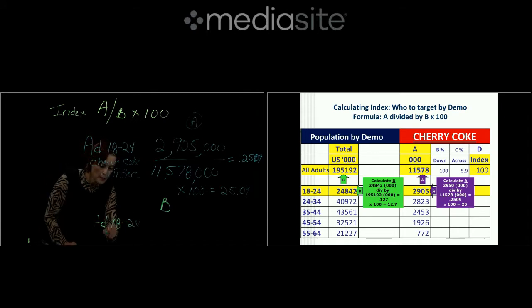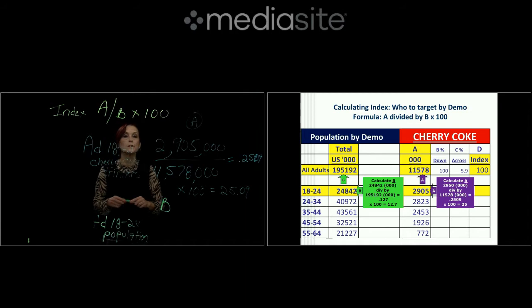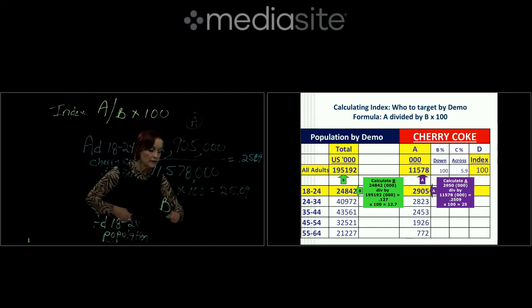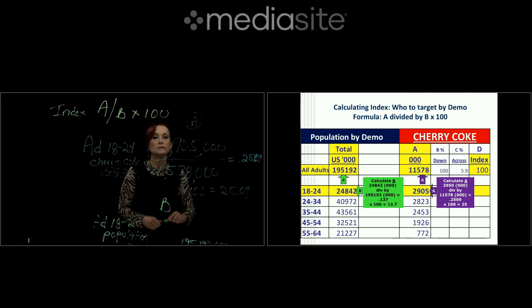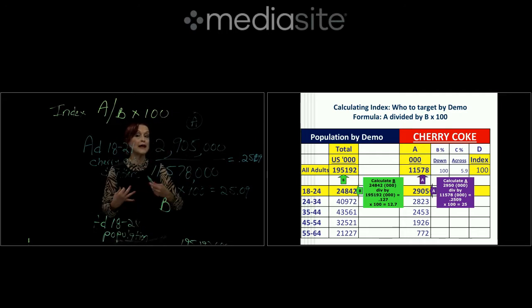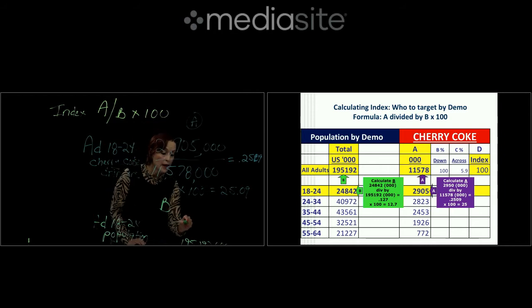And these are population numbers. So the total population of all the adults that we're looking at in this example is 109,192,000. These are total adults. Now, total adults 18 to 24 in this example is 24,842,000.